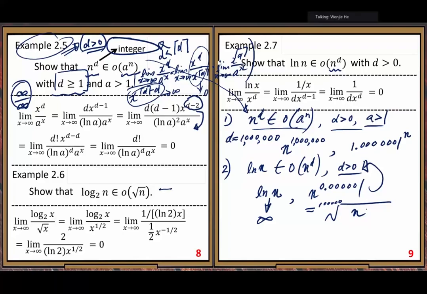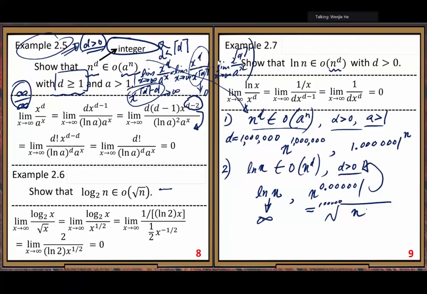Now we want to compare it with the natural log function and see which one grows faster. So you need to answer this question. If you apply your intuition, you may feel differently.